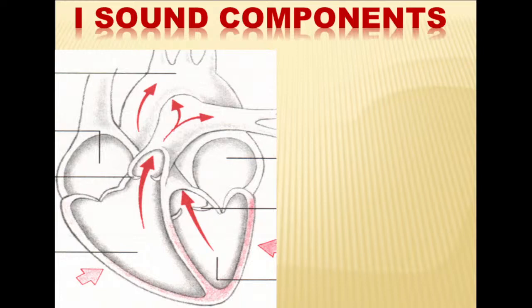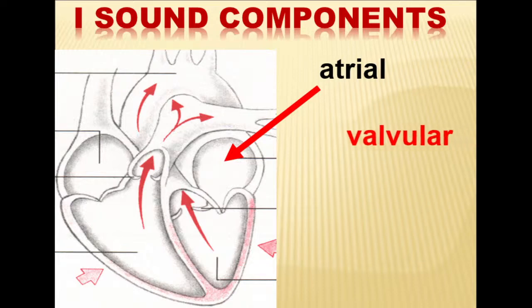First of all, we'll hear vibration of the atrium from which contraction is started systolic period, which is atrial component of the first sound. Then atrioventricular valve closed.